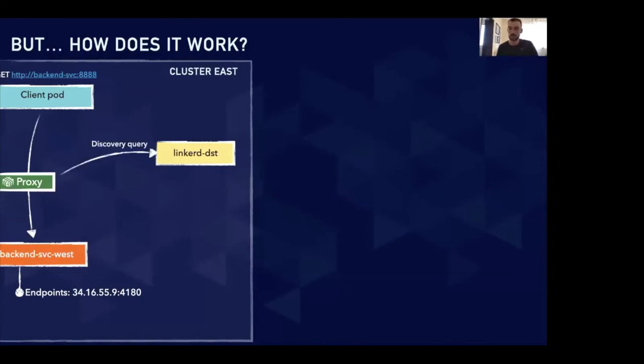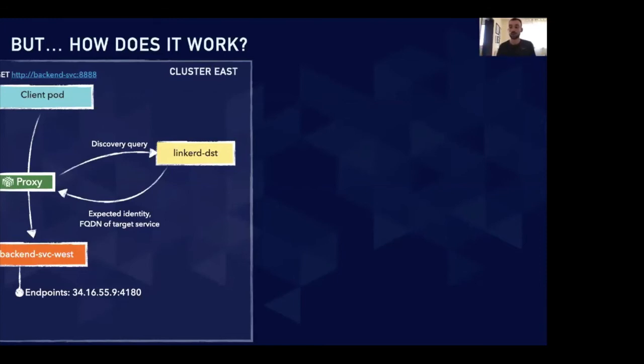The Linkerd destination service knows that this is a proxy service, so it's going to return some useful information, namely the fully qualified domain name of the service on the target cluster, because it might be different. You might have different cluster domains, for example. It's also going to return the expected identity for the gateway.